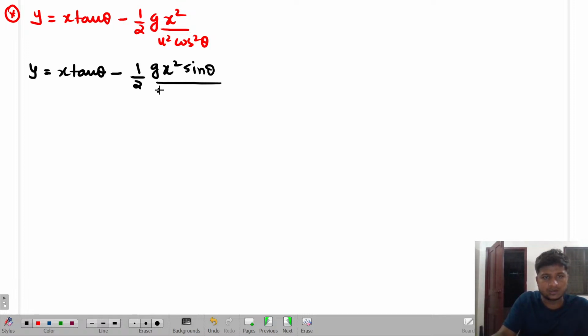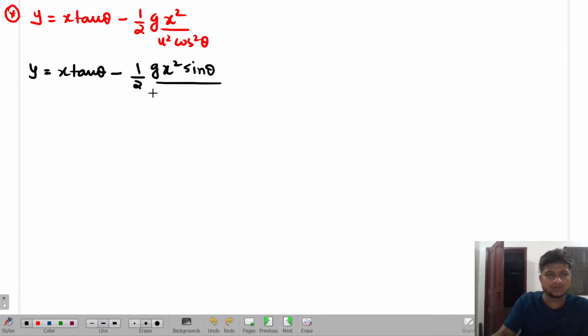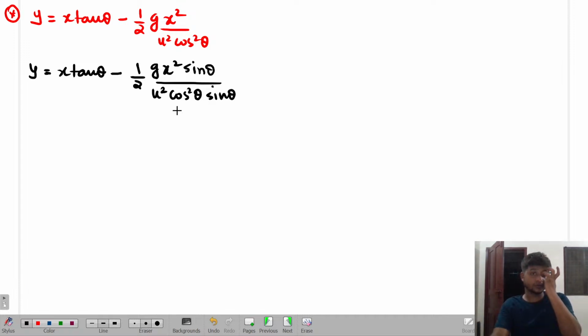Then what I will get here is u square cos square theta into sine theta. Can I write it this way or not? Tell me.